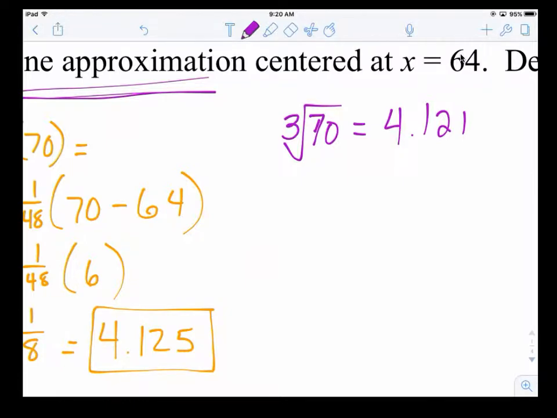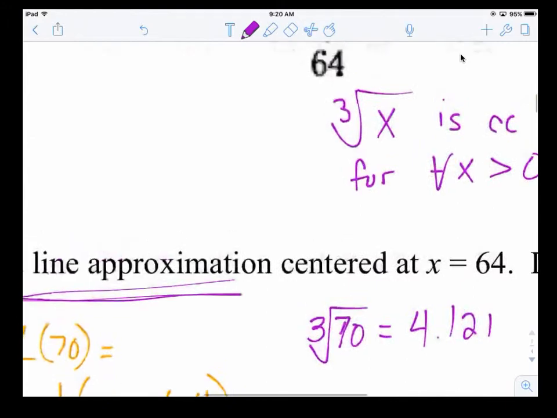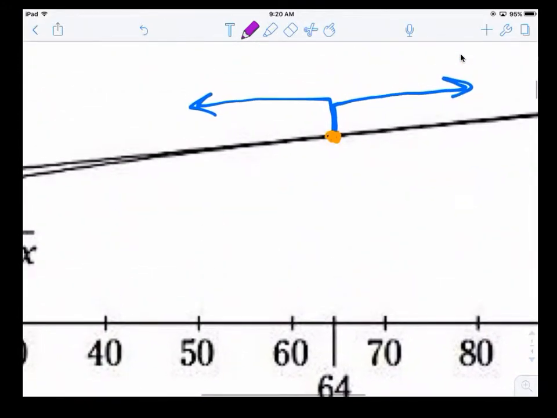So the tangent line is going to give you a value that's a little bit bigger or a little bit less than what the actual value is. That's based off the concavity. Anytime you have a concave down function, all your tangent lines are always going to be above the function.